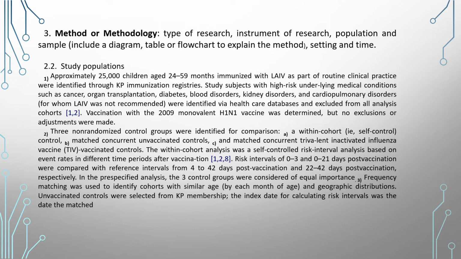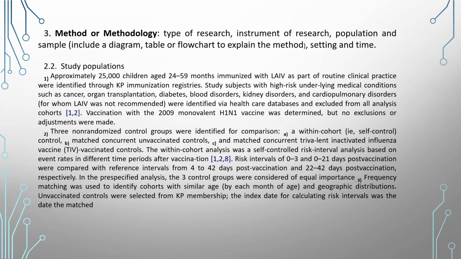The within cohort analysis was a self-control risk interval analysis based on event rates in different time periods after vaccination. Risk intervals 0 to 3 and 0 to 21 days post-vaccination were compared with reference intervals from 4 to 42 days post-vaccination and 22 to 42 days post-vaccination, respectively.